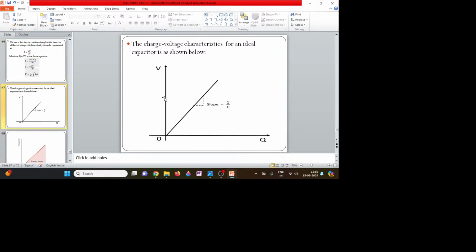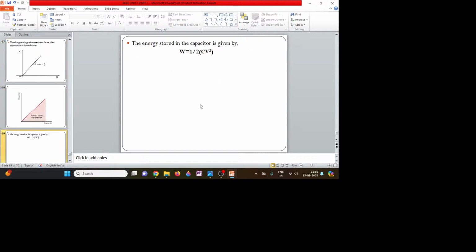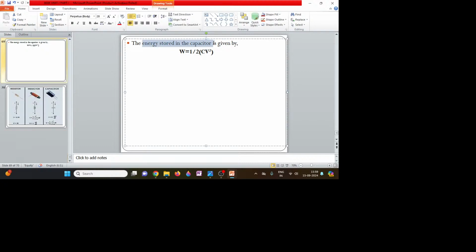So if you want to know the characteristics of voltage with respect to charge, then they both will also have linear characteristics. You can see a slope here which shows that voltage and charge are having linear characteristics. Okay. So now, as I said, capacitor stores energy in the form of electrostatic field. So if you want to calculate that energy which has been stored by the capacitor, its formula is W equal to half CV square.